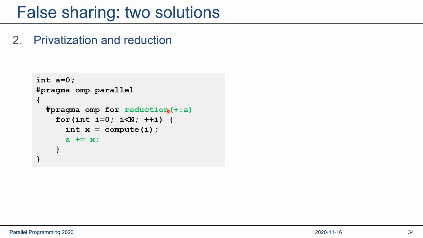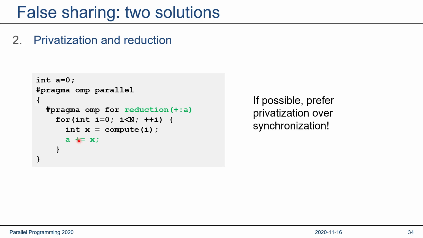We know what reduction does. It gives each thread its own version of A, initializes it with 0 in this case, and then it accumulates automatically into the local variables, and all the reduction into the global version of the variable is done automatically. Okay, so this is really nice. It exposes what's actually done in the loop, and it's much simpler.